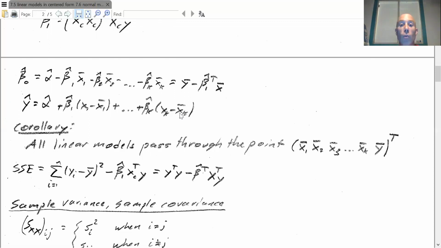Now you'll notice that the slope stays the same regardless. That should be intuitively obvious if you think about multiplication, addition, and subtraction, that the slope is the same regardless. That's a very nice property.